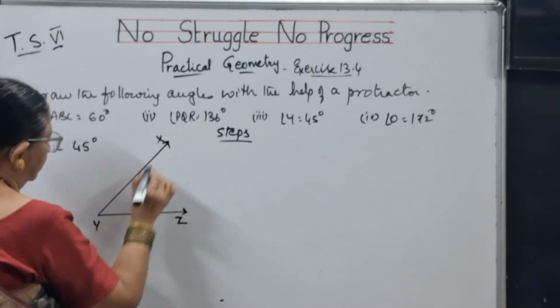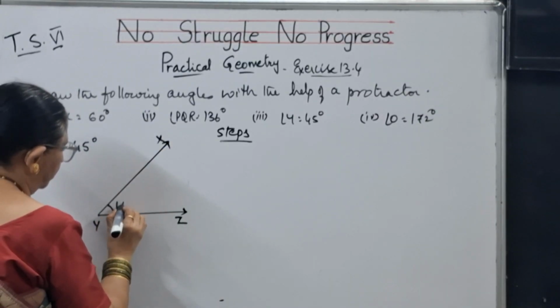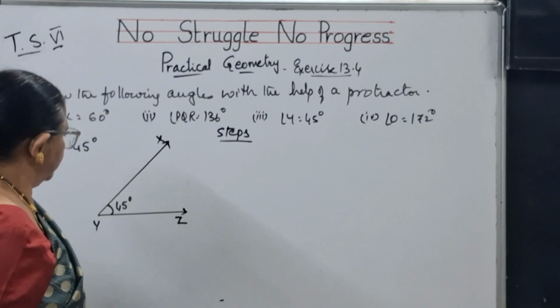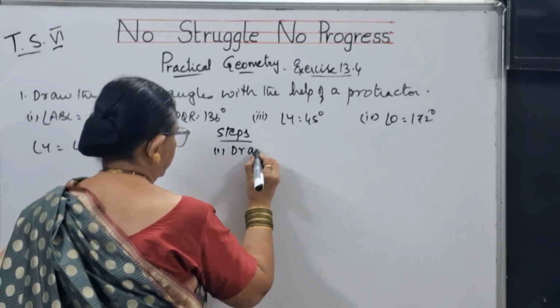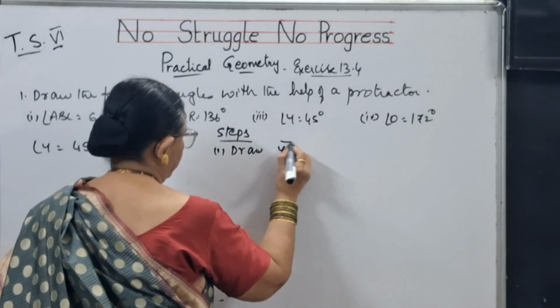So let me take it as X, Y, Z. This is 45 degrees. So what are the steps? First one, draw YZ ray.